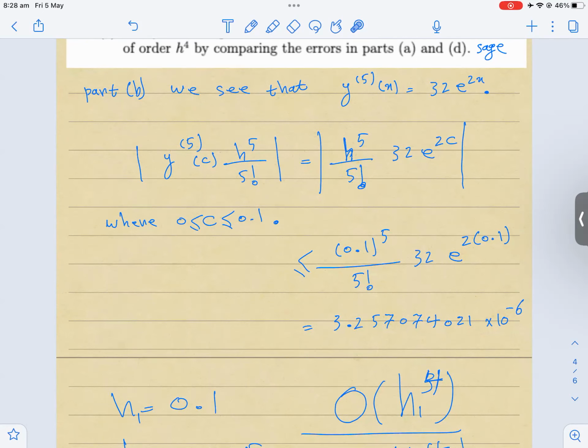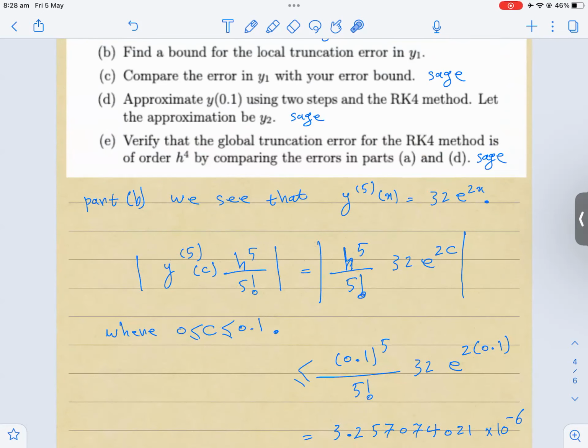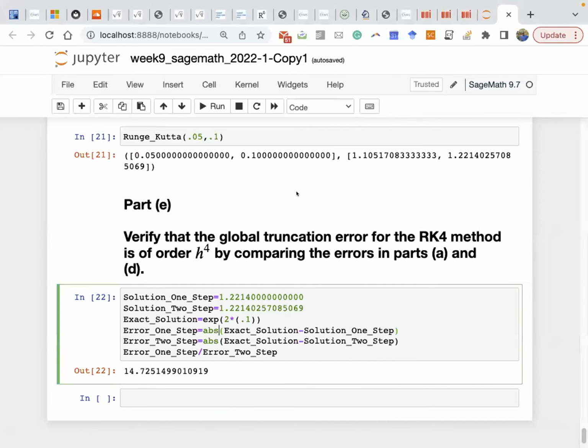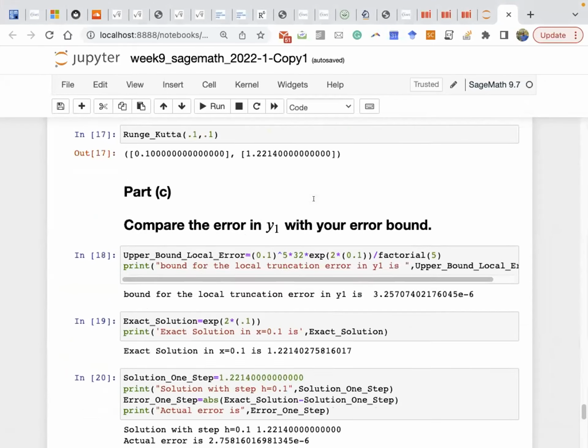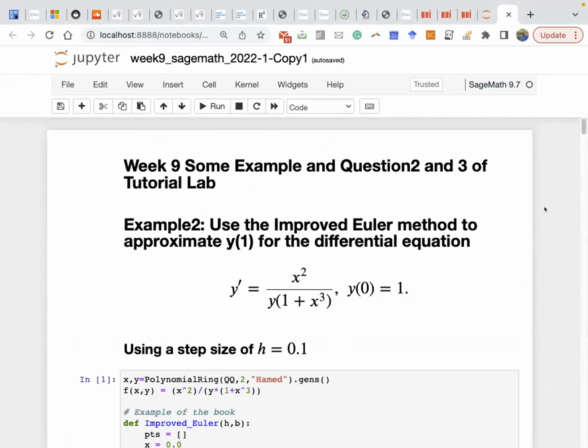What now? Let's go to SageMath. Here is the SageMath part of week 9.